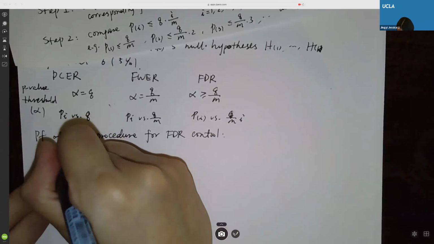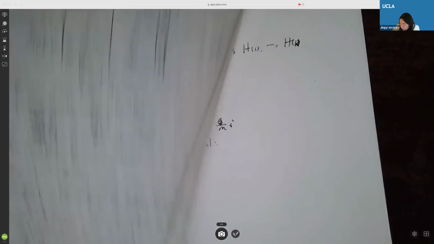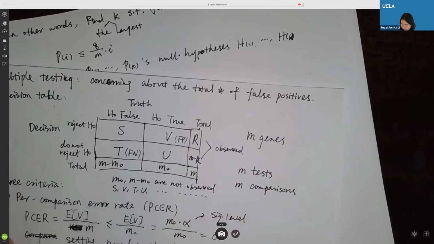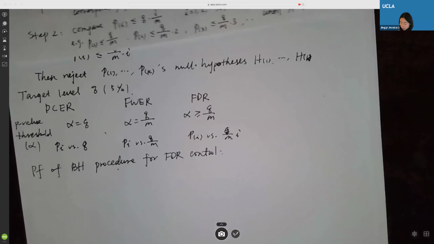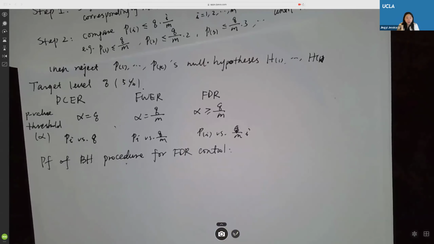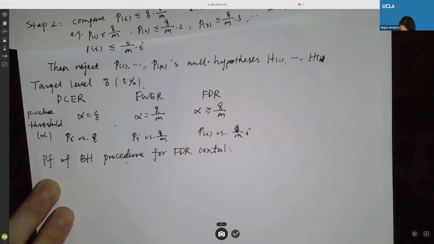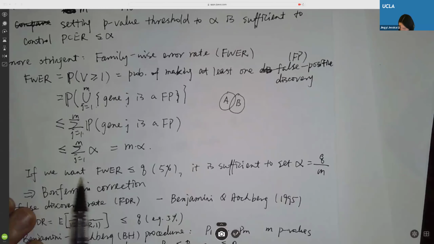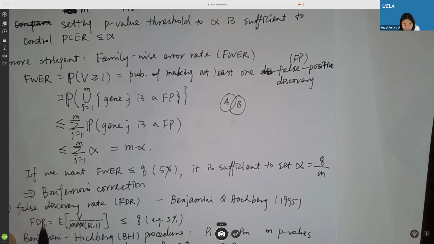So let's do this with conditioning. We know that R is random, right? The number of rejections, how many null hypotheses we reject, is a random number, because depending on our data, that number can differ. But one thing is that we can put R in the condition when we talk about the expectation of this ratio, the FDR definition.